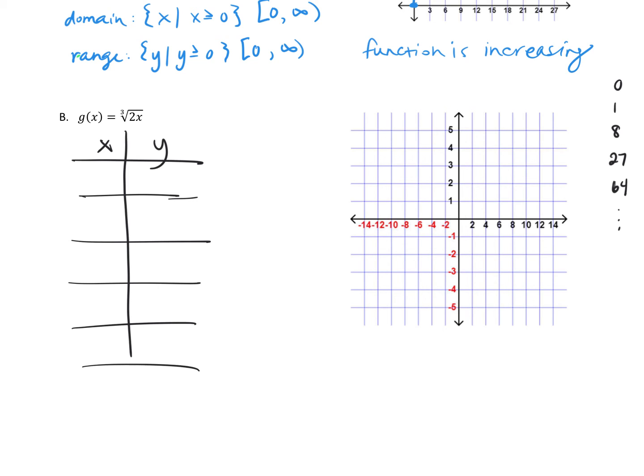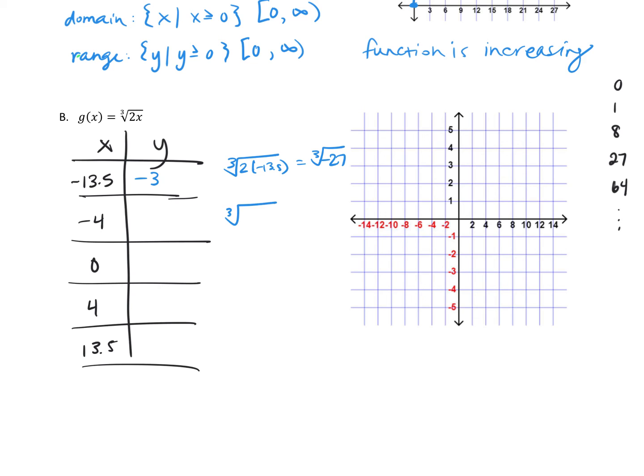We're going to start with a negative 13.5 for our x, a negative 4, 0, positive 4, and positive 13.5. So I know those seem like random numbers, but let's see how this is going to work out nicely. If we're cube rooting 2 times negative 13.5, that gives us the cube root of negative 27, which is negative 3.